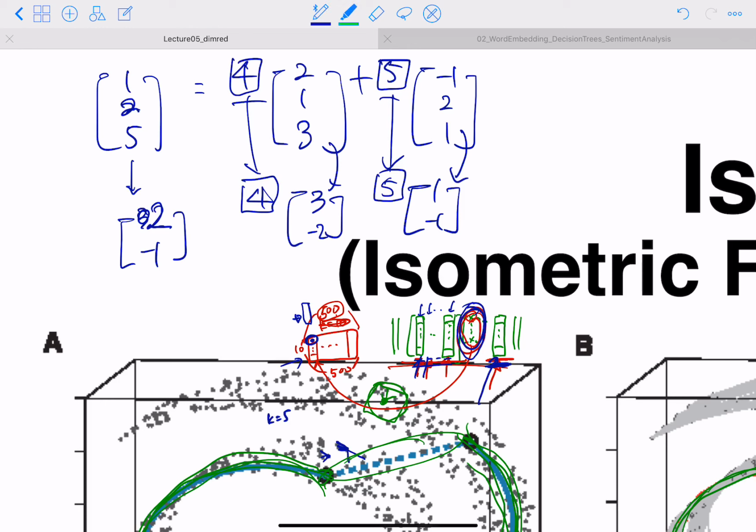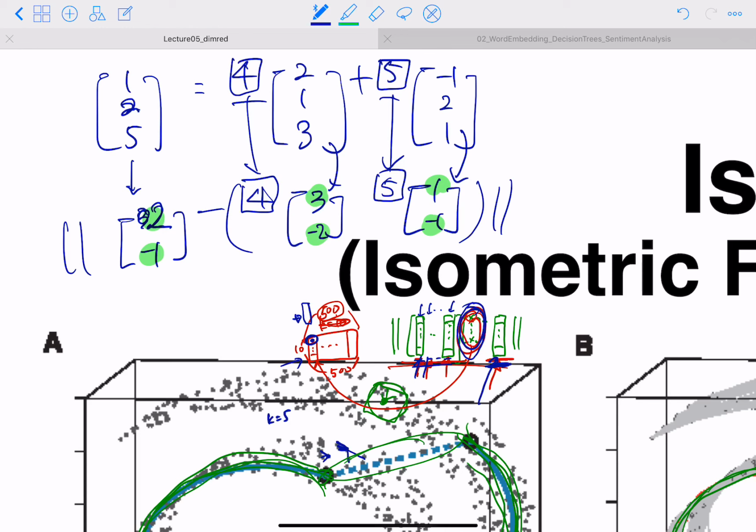Now, how can we optimally determine those green points so that this L2 norm difference, or this kind of error, is minimized as well?